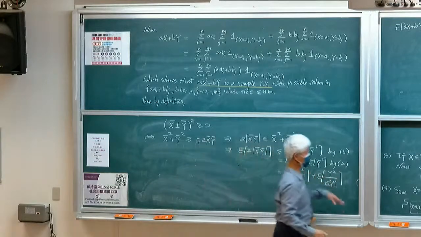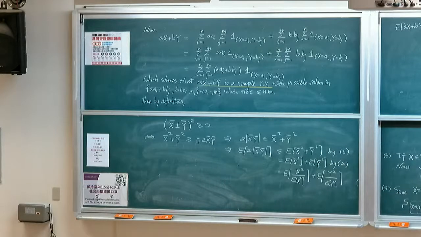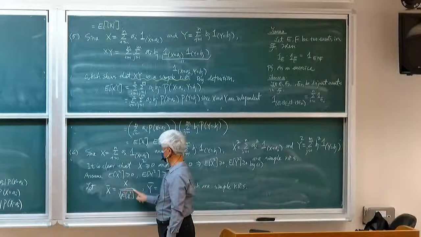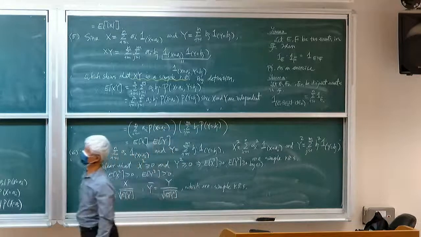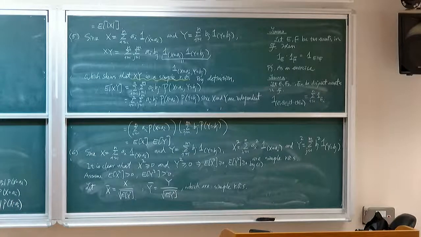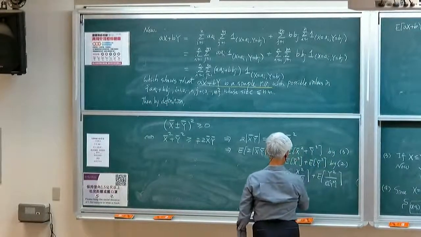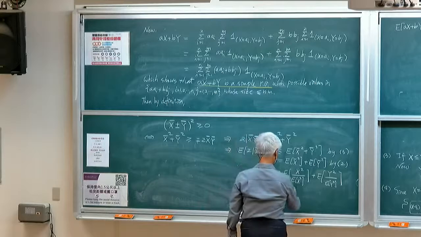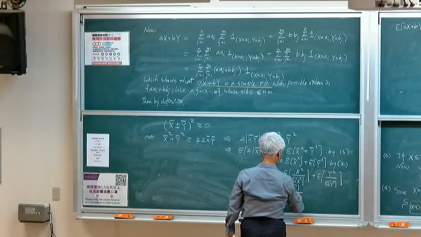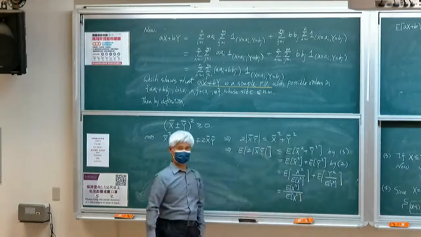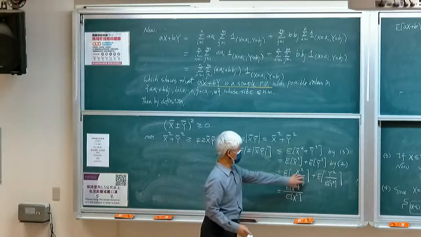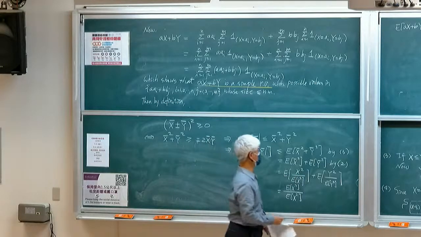Because when you square this, the numerator is x squared and the denominator is the expectation of x squared. And by linearity, this is divided by this one. This constant can move out by property 2 again.